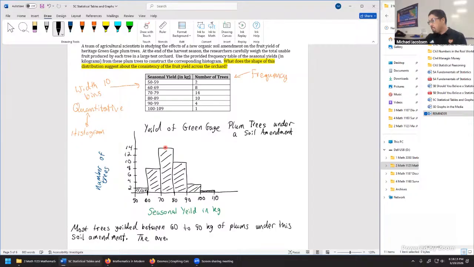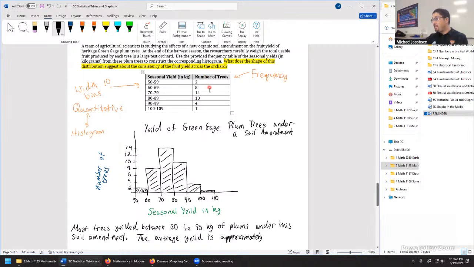the average yield is approximately, it's not going to be exactly at 75. That's going to be somewhere in this region. It's a little bit trailing off to the right, and it actually pulls the average to the right.